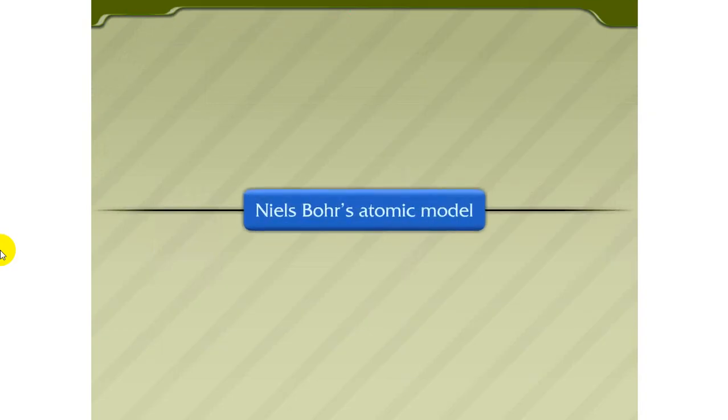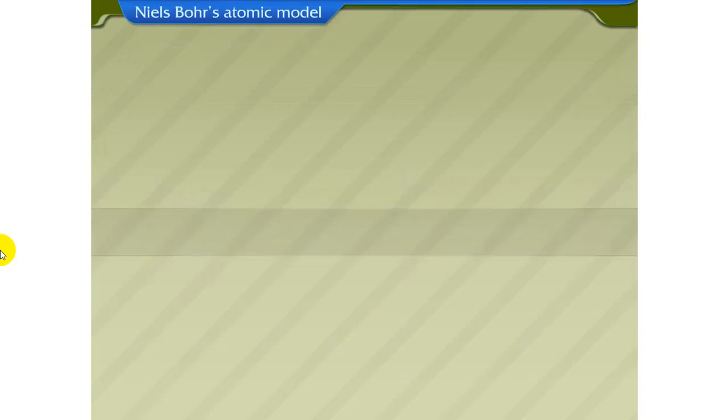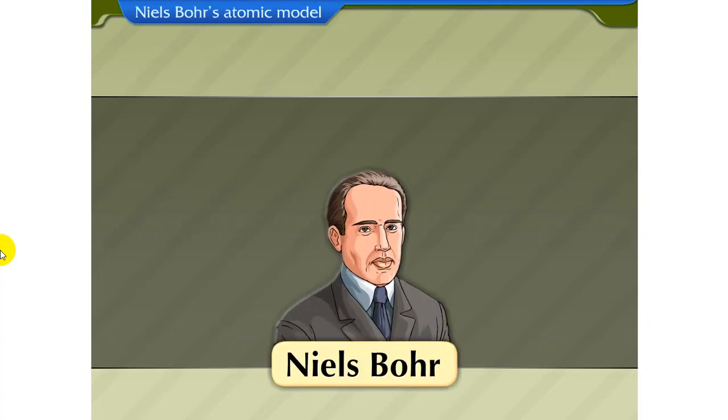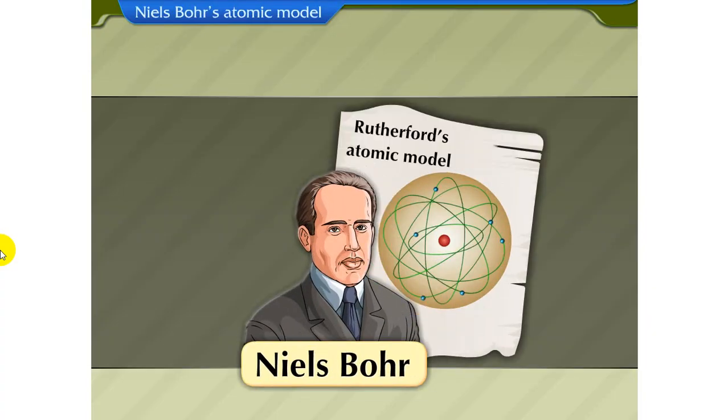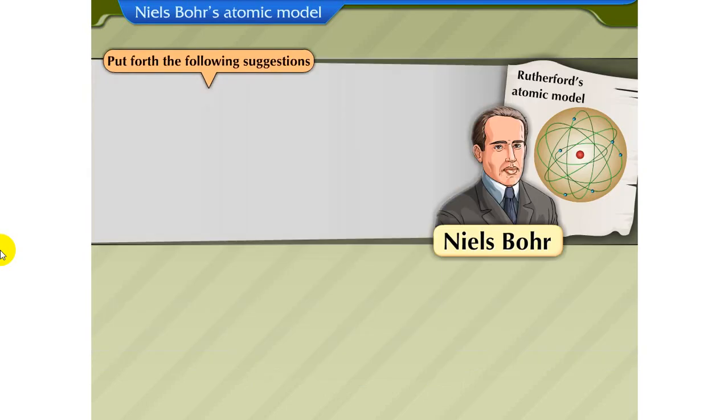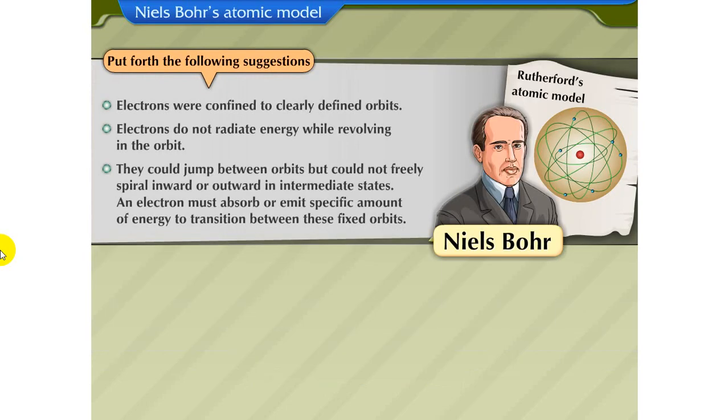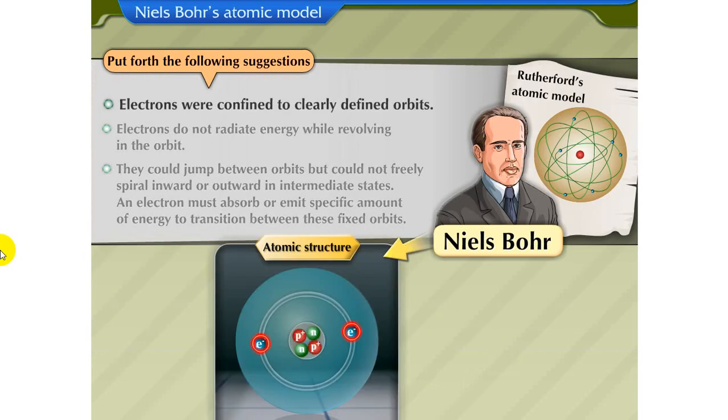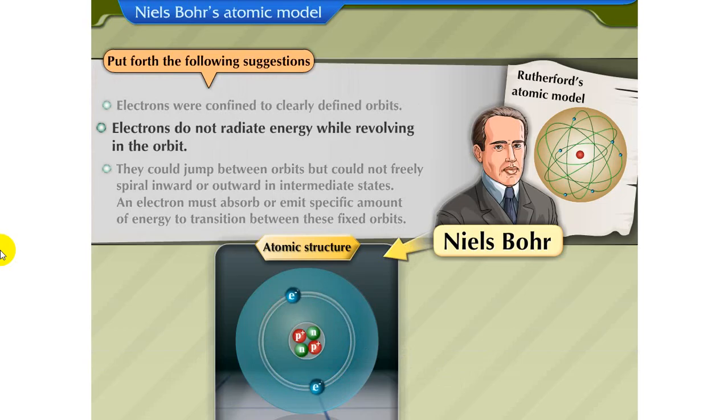Niels Bohr's atomic model. Niels Bohr revised Rutherford's atomic model and put forth the following suggestions. Electrons were confined to clearly defined orbits. Electrons do not radiate energy while revolving in the orbit.